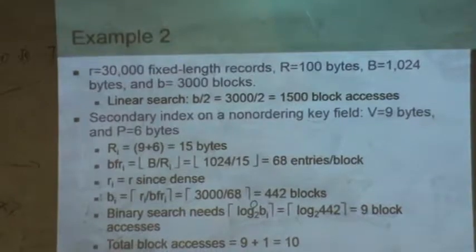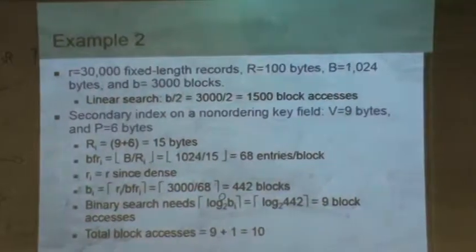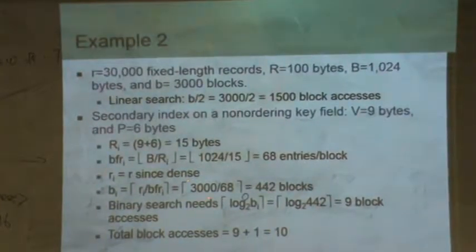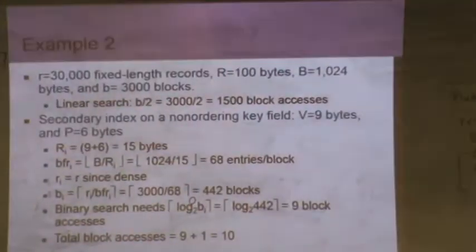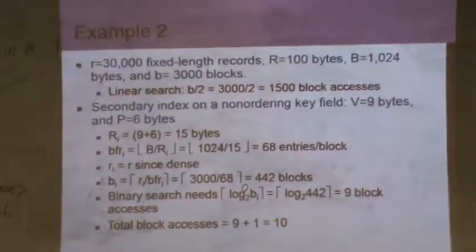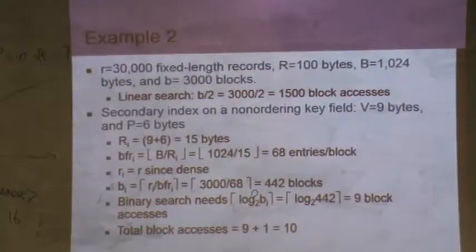There's nothing very complicated or hard in the notation here. It's just a floor or the ceiling and the logarithm. That's it. So why don't you try to understand and see the difference between the linear search and the binary search for index and total number of accesses.